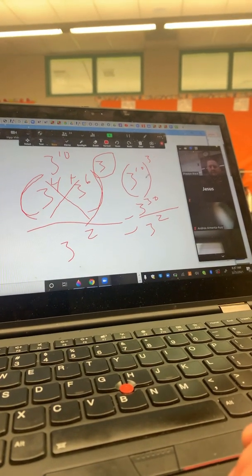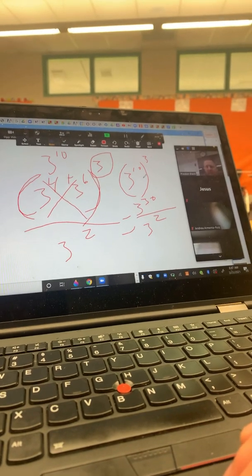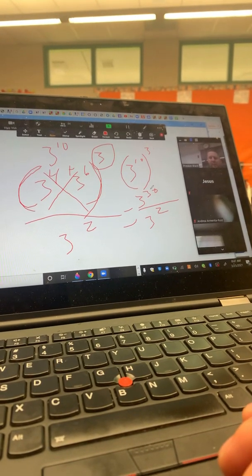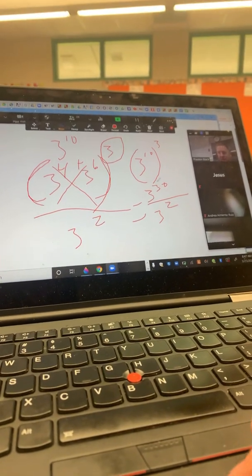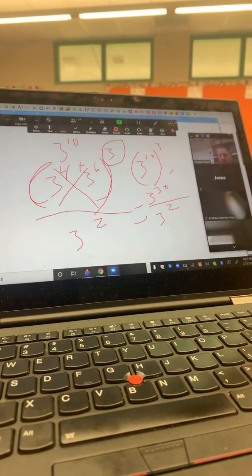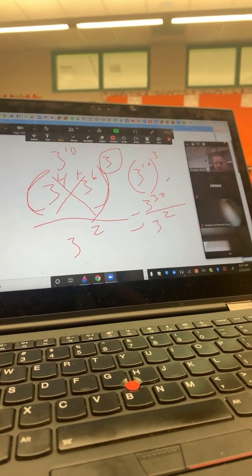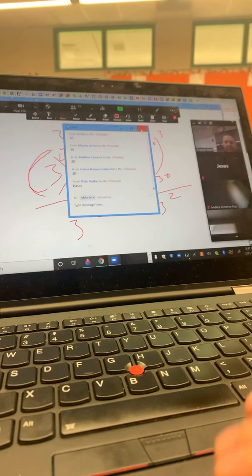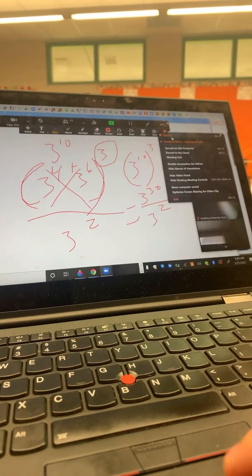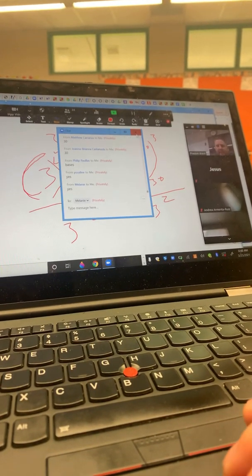All right, so if we have 3 to the 30th power over 3 to the 2nd power, we are now in a division problem, right? We need to identify what is the same. Are the bases the same? Yes, the bases are the same, right?